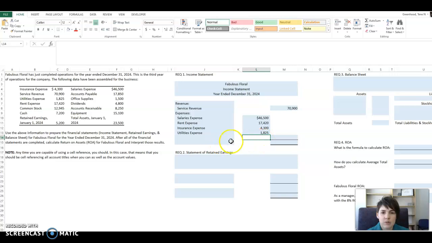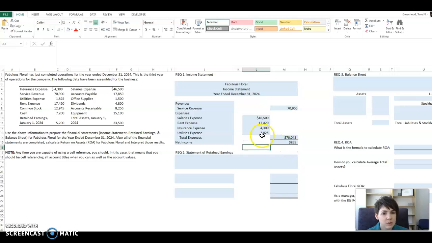So then we have all of those listed, and we're going to total the expenses. So we'll do equals, sum, open parentheses, highlight these four numbers, close parentheses, and so now we have total expenses, and revenues minus expenses gives us, in this case, a positive number, which is net income.